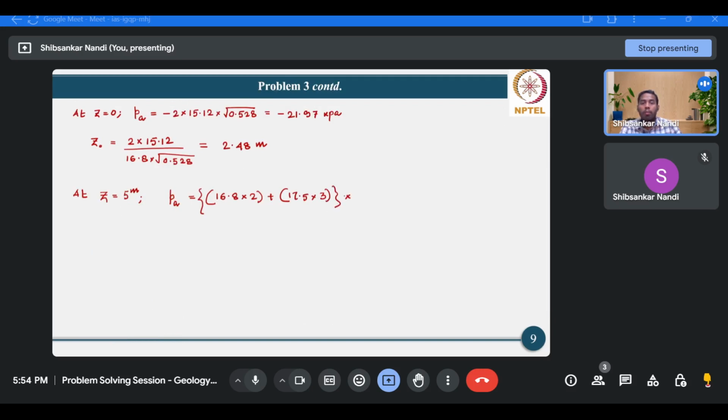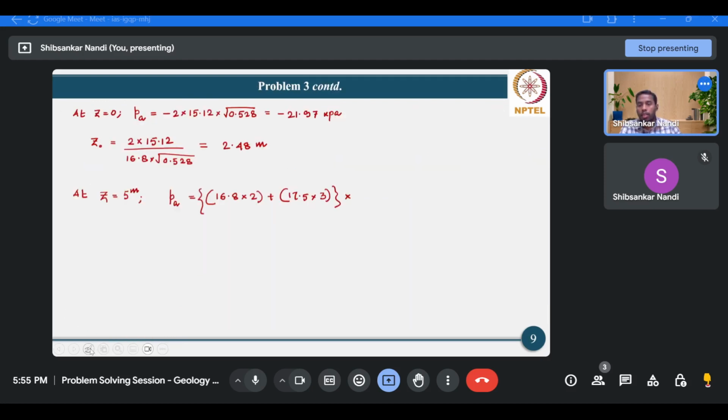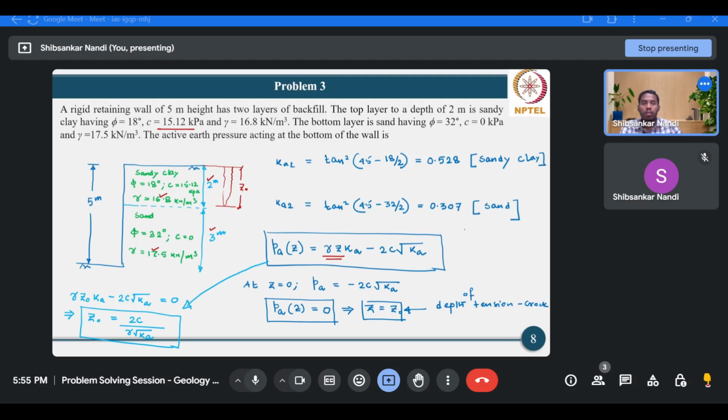This portion is your gamma z, and that gamma z you have to multiply with Ka. Now what is the value of Ka? For the second layer, this will be 0.307.